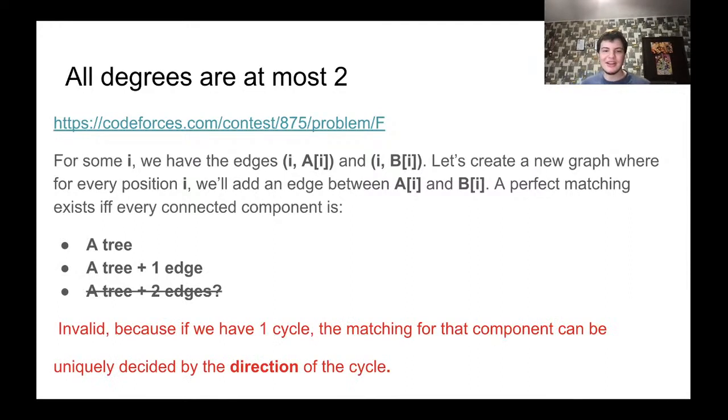So in other words, when we have a graph with all of our degrees equal to 2, like on the left side, and a bipartite graph, finding the perfect matching is relatively simple, mostly because a perfect matching will exist if and only if every component is either a tree or a tree with one added edge.